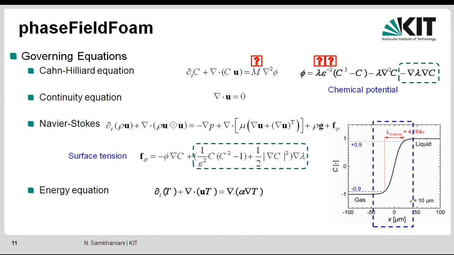If we want to talk about the phase field method, here we solve the Cahn-Hilliard equation. It's similar to the volume fractions we use in the VOF method. However, here on the right-hand side of the equation, we have the mobility and chemical potentials. The Cahn-Hilliard equation solves for the order parameter, a transport equation for the order parameter.